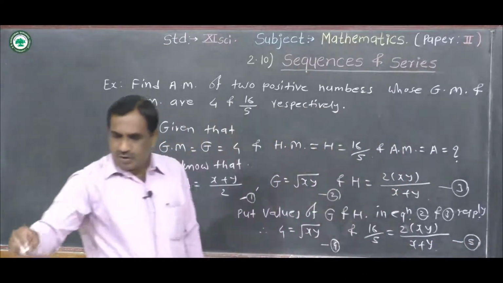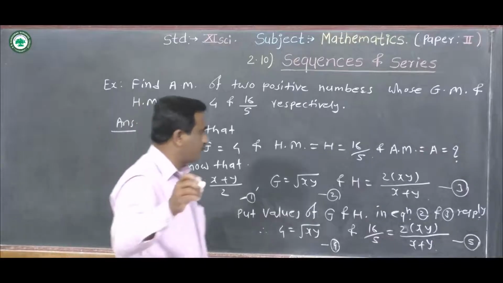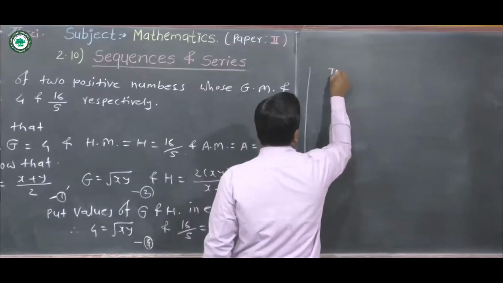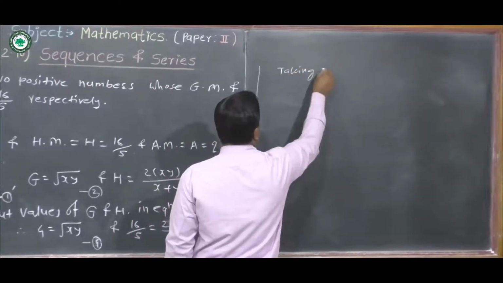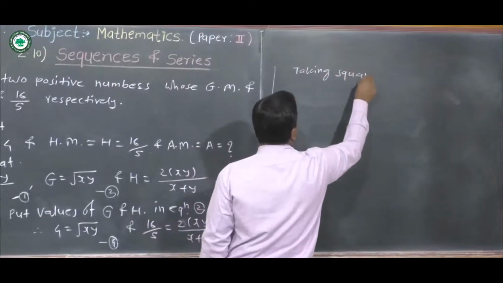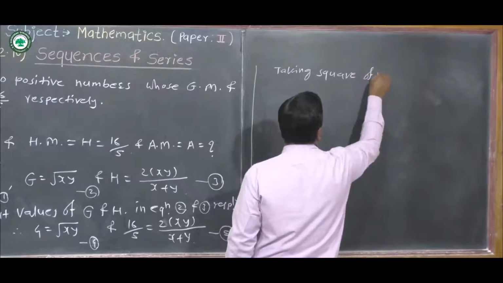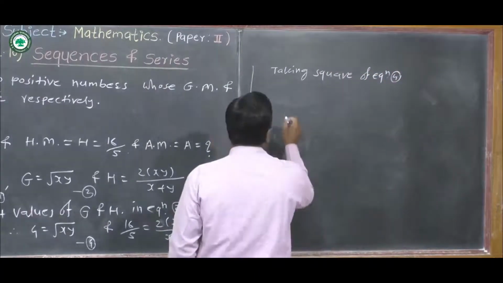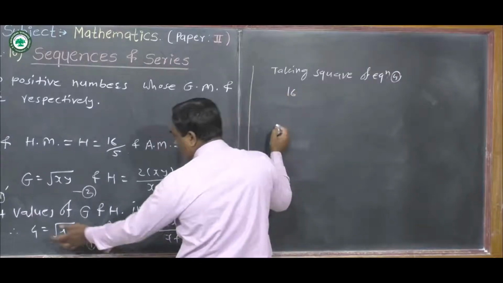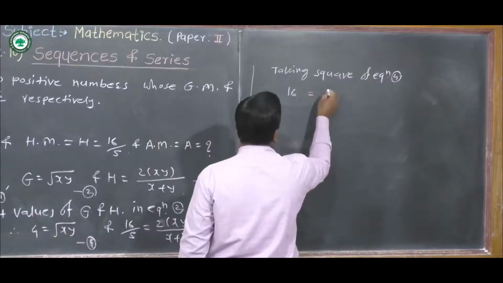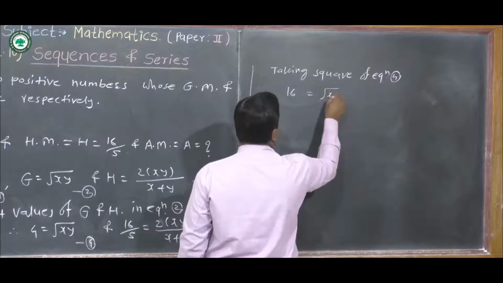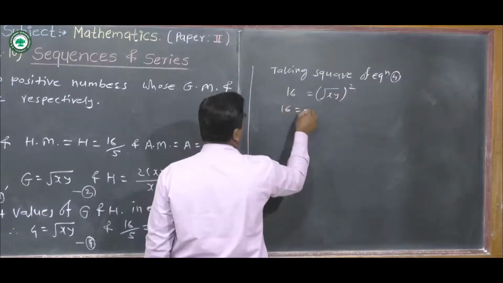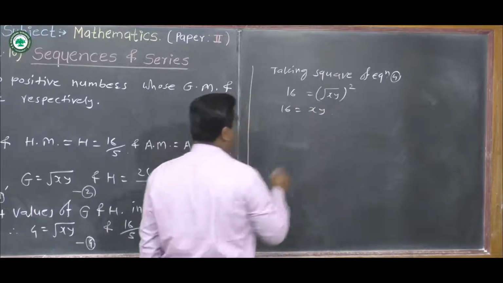Now taking the square of equation 4 on both sides, we can write the square of 4 is 16 equal to under root x into y whole square. Square root and square cancel out, remains only 16 equal to x into y.